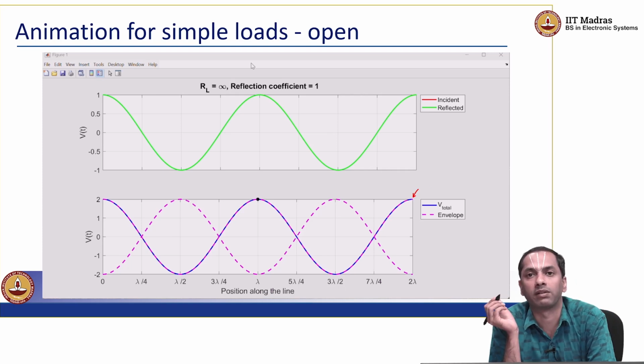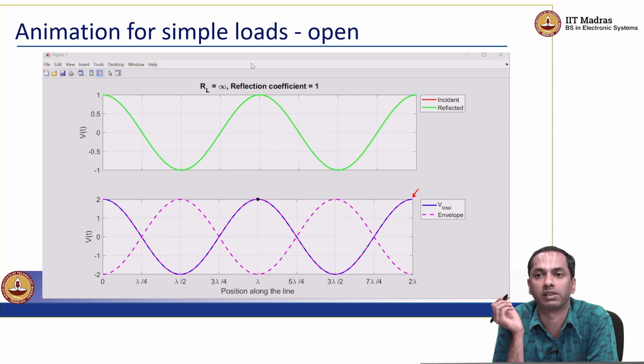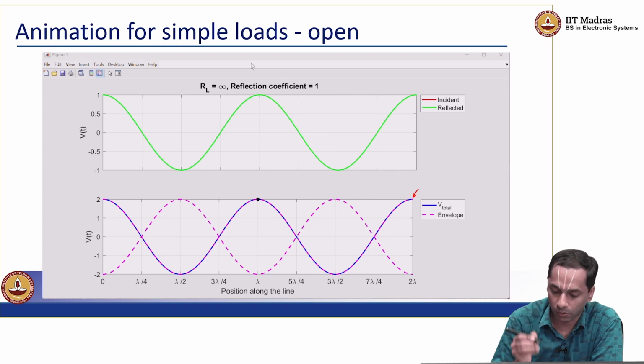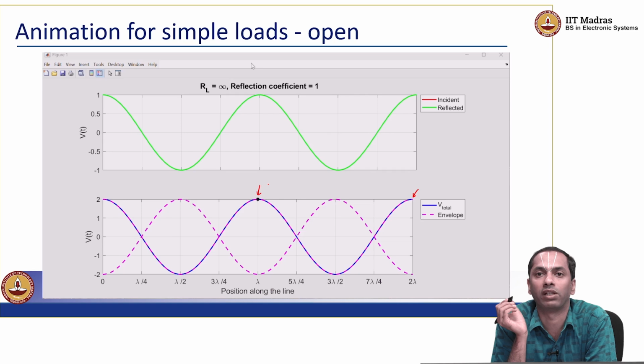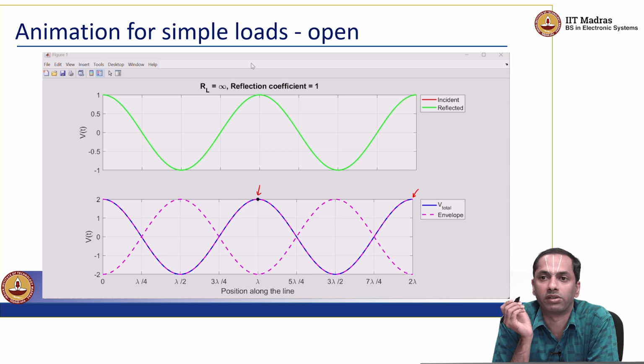So you would have maximum voltage fluctuation there for a reflection coefficient of 1. We still see the same periodicity, but now at lambda, instead of having a node, we have an antinode. So at the middle of the line, we have the maximum fluctuation in voltage.